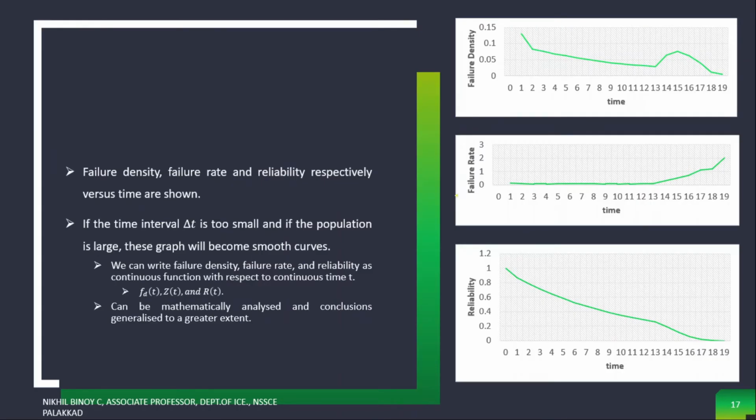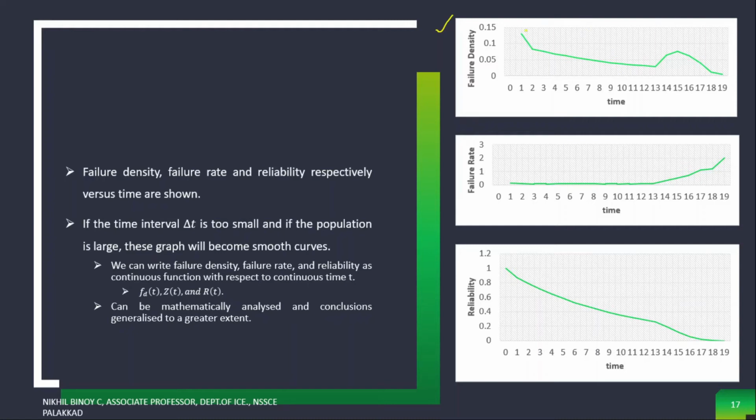So please note, the first one is the graph of failure density with respect to time, for table 1. At that point, interval number and time are both the same.